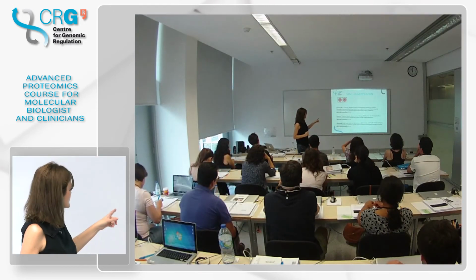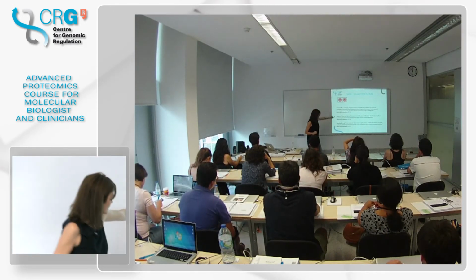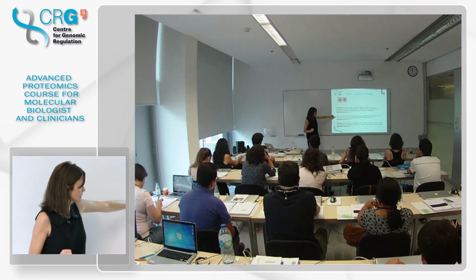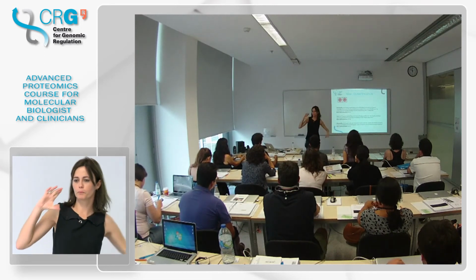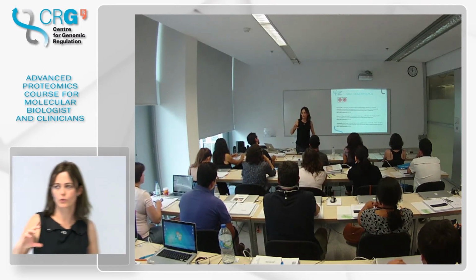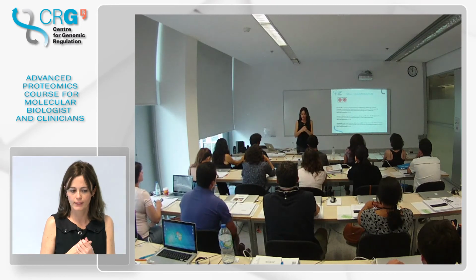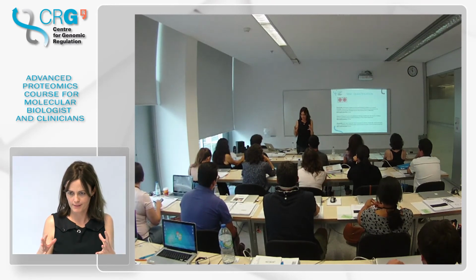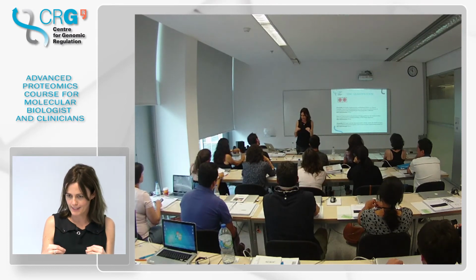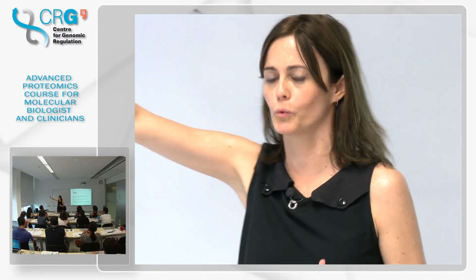Is it needed to put in a routine method for diagnosis, to do this kind of thing? This one explains, it puts different tiers, different types of experiments. Do you want to set up a test for a clinical diagnosis? Then you need to go to the most precise, accurate.